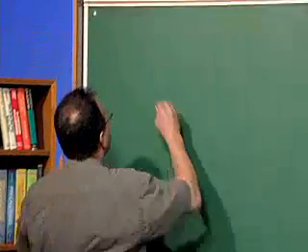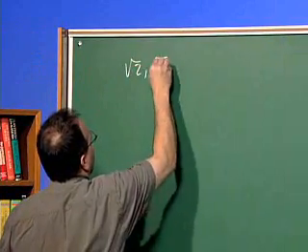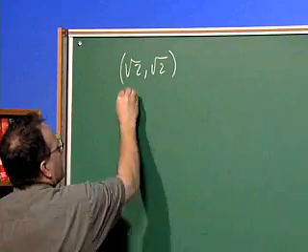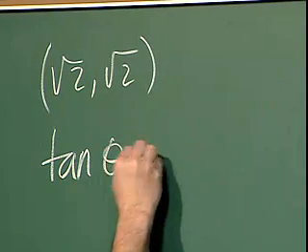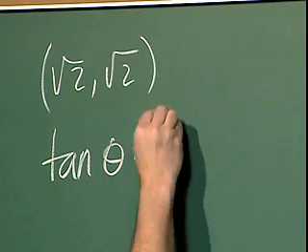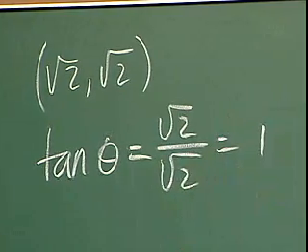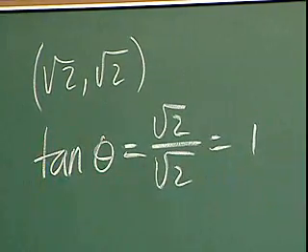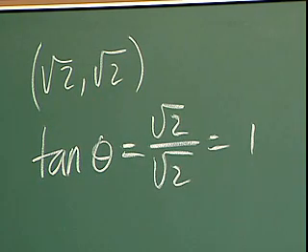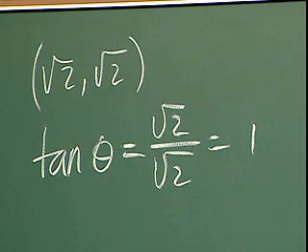Welcome back. Let's find out how you did on that. We have the point square root of 2, comma, square root of 2, which means the tangent of theta, which is y over x, is equal to square root of 2 over square root of 2, which is 1. Of course, this point, with x and y both being positive, means that that's in the first quadrant.